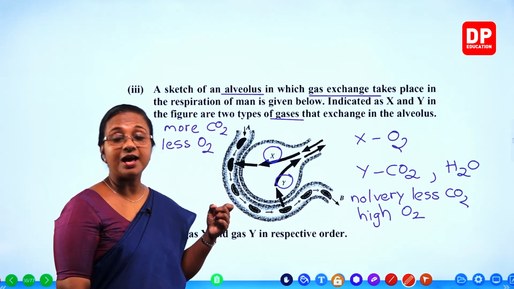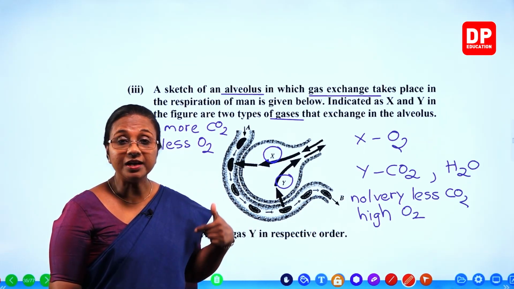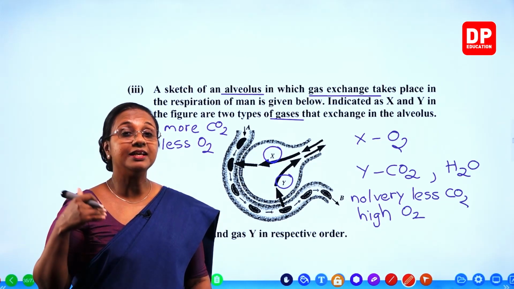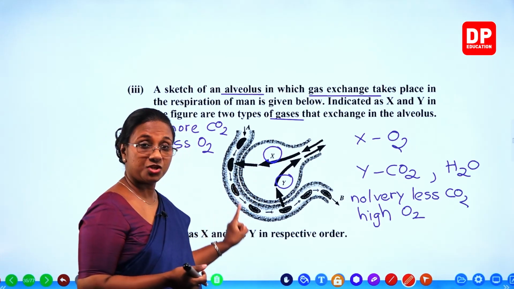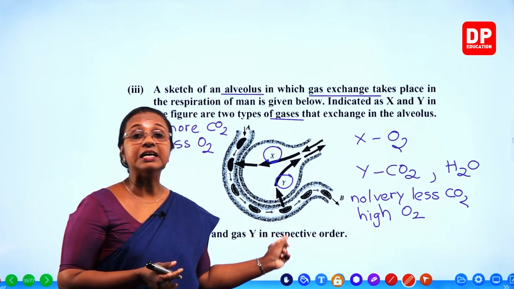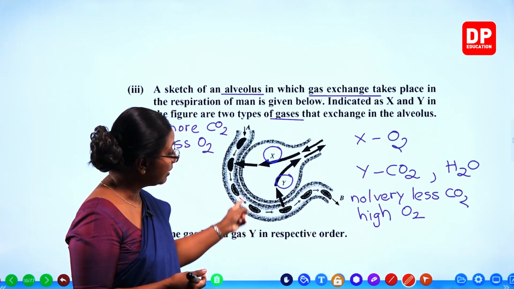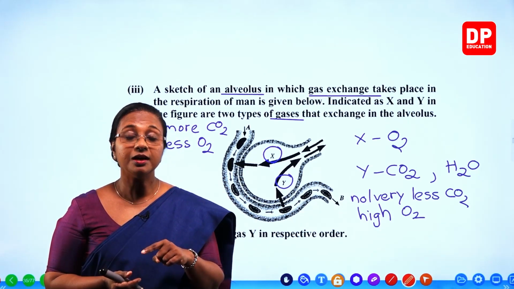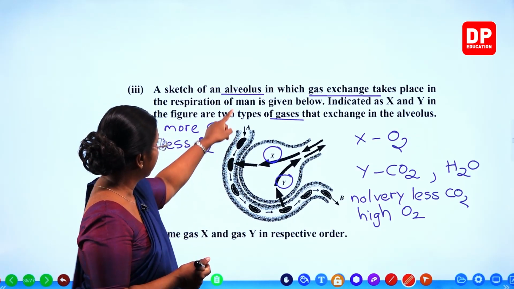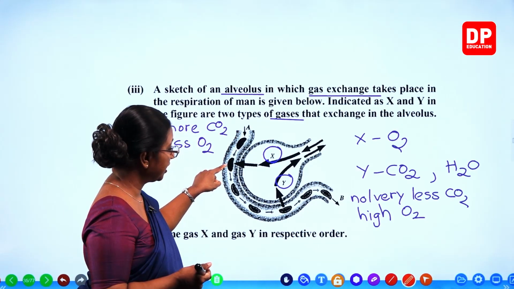You all know that in circulation, the pulmonary arteries take the deoxygenated blood to the lungs and there gas exchange occurs, and then the pulmonary veins bring back the oxygenated blood to the heart. So here the blood that comes in is the deoxygenated blood.